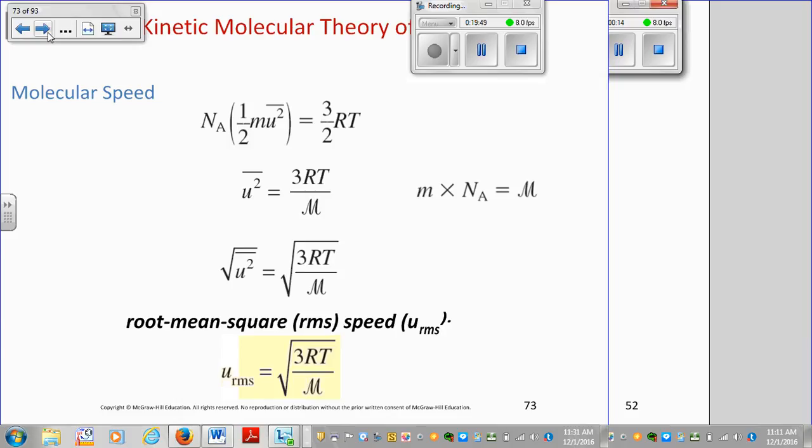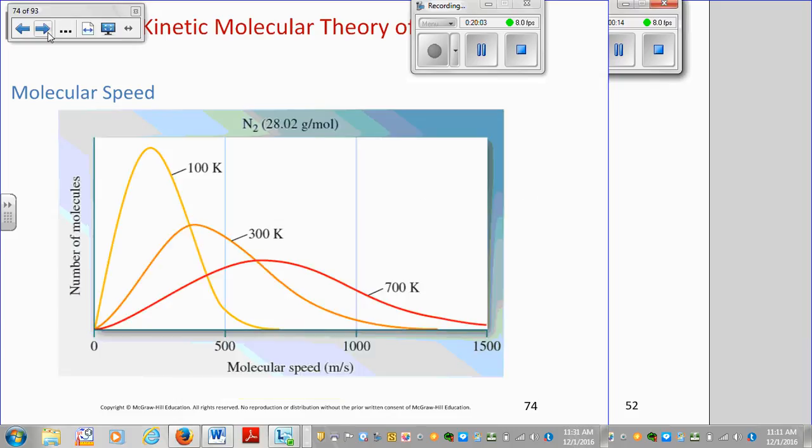So that's just looking at the molecular speed and the root mean square. I'm not going through all the math. It is 3RT over M. But basically, if you look at this graph, the number of molecules versus the molecular speed, as the temperature goes up, you can see the average is increasing.